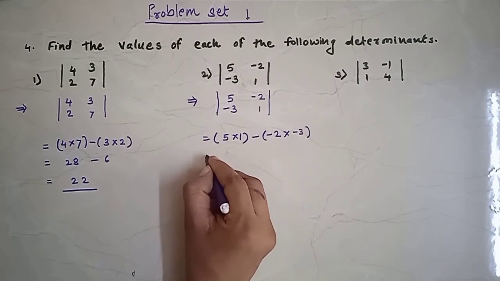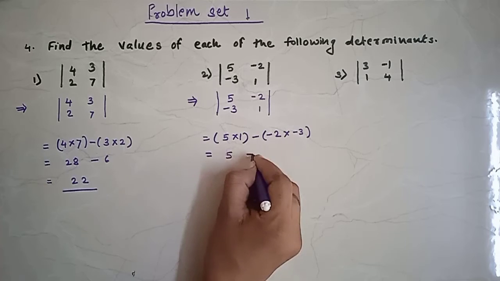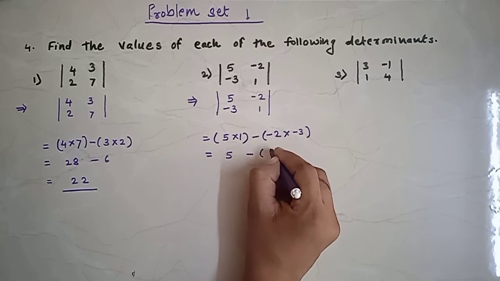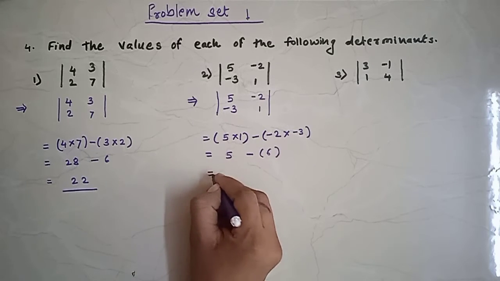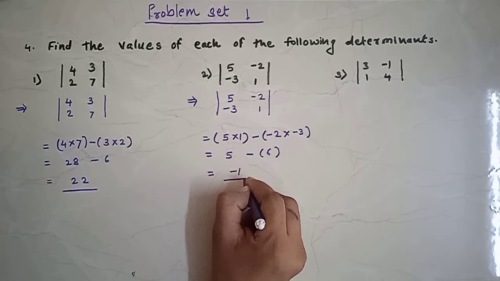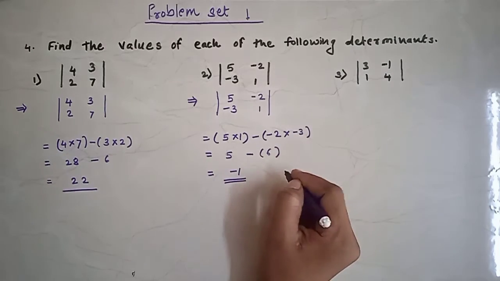So 5 as it is, because 5 into 1 is 5, minus minus minus is plus, and we get 6. So 5 minus 6, we get the answer minus 1. So this is the value of the determinant.